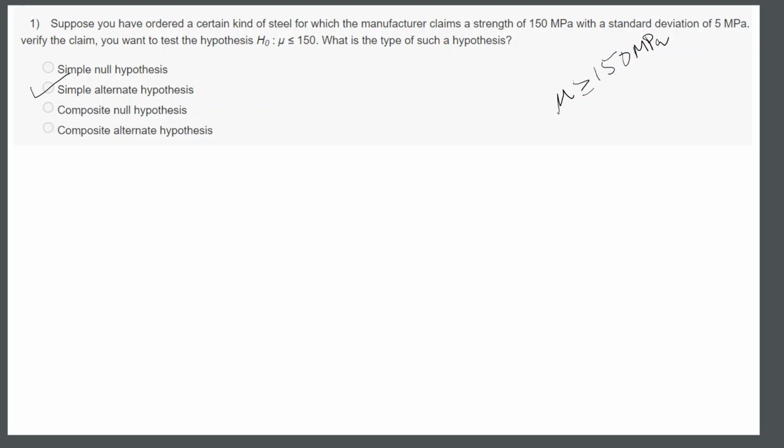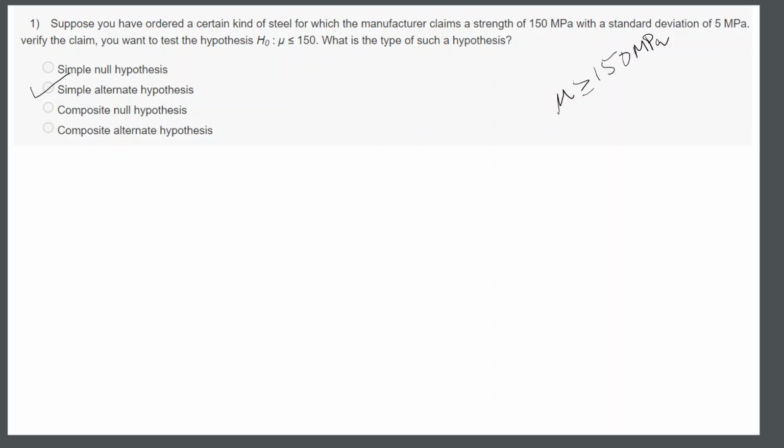Here you can say that since they have used the less than or equal to symbol, it should be a composite alternate or composite null hypothesis, right? You can ask like that. But if you observe closely, they are specifying only one particular value. They are not giving any range of values. They didn't specify between 140 MPa to 150 MPa or 145 MPa to 150 MPa.